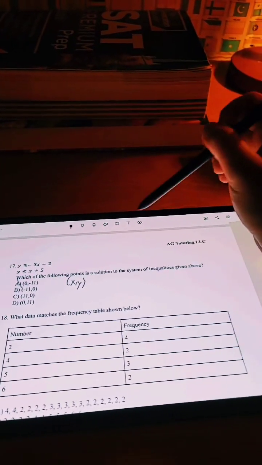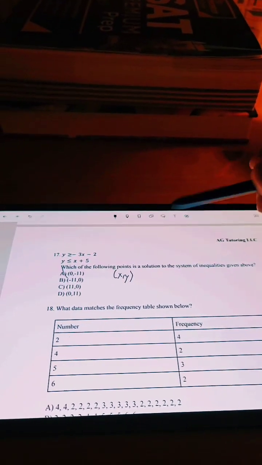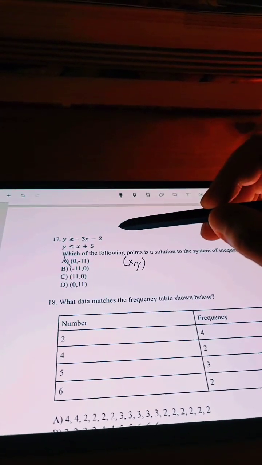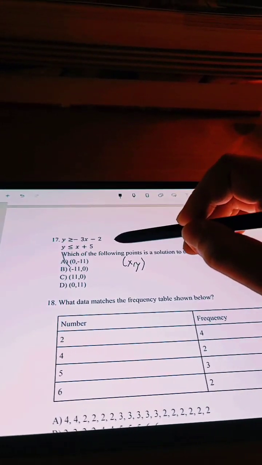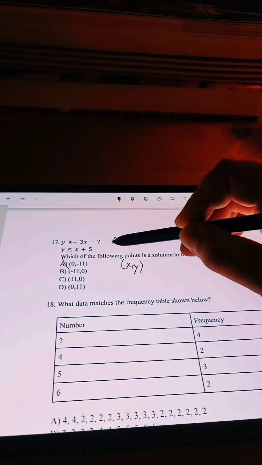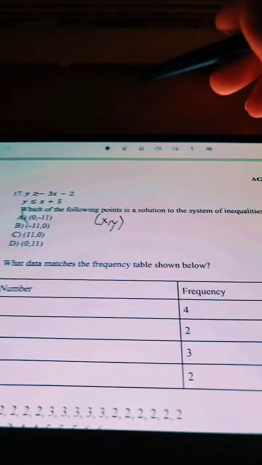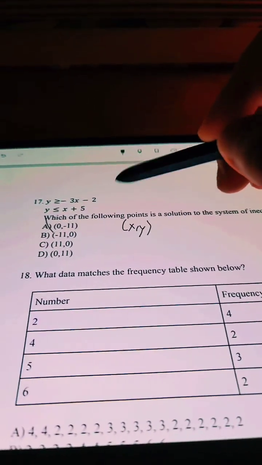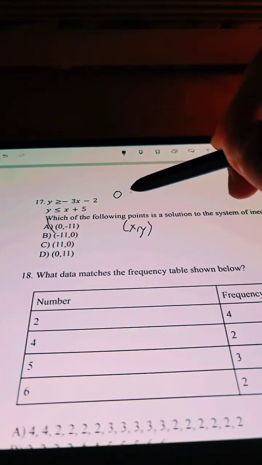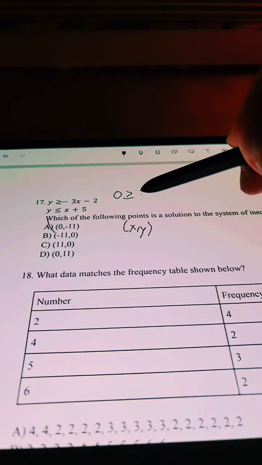So now let's test out answer choice B. Let's say, okay, now I'm going to put 0 for my y right there. And then I'm going to say, hold on, let me put this down now that I've shown the question because it's hard to write at the same time. So now I'm going to put in 0 for my y to test out B. And I'm going to put in -11 for my x.